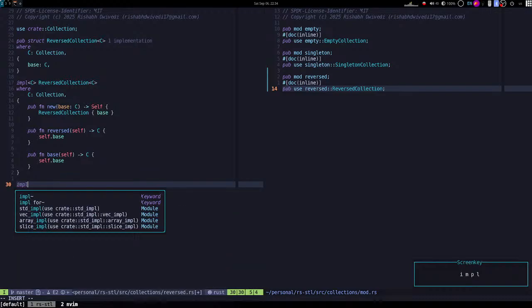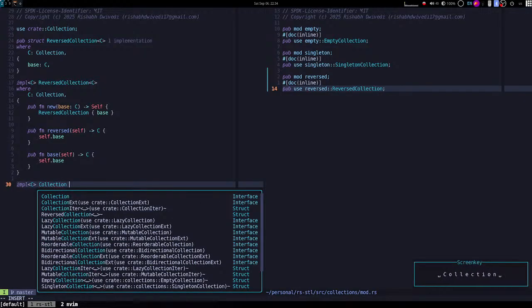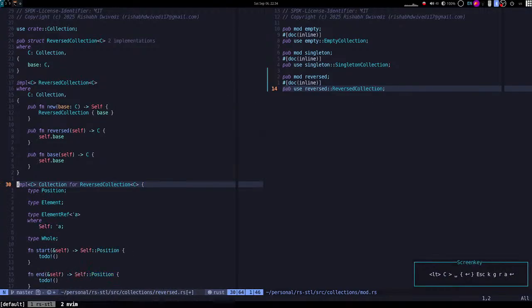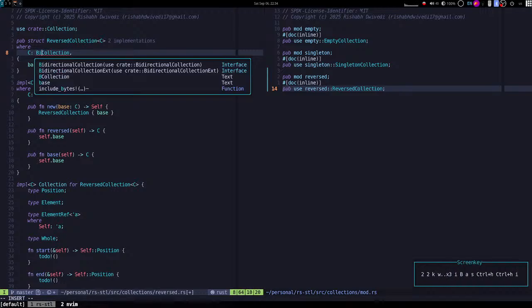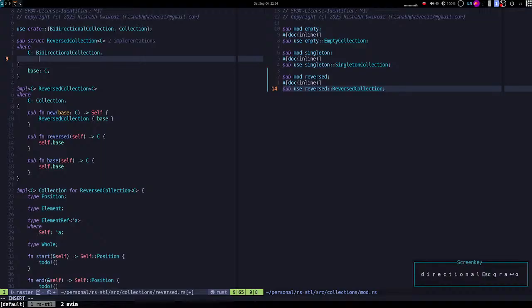Now impl Collection for ReversedCollection of C, right? So now let's start implementing the collection things, right? And I think the problem here is it should be a bi-directional collection, right?